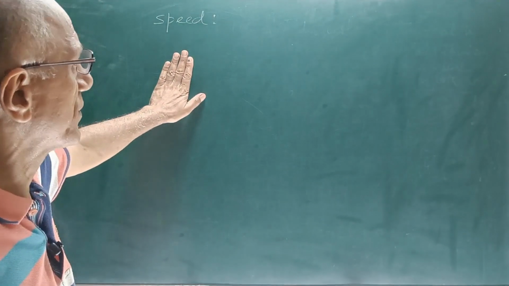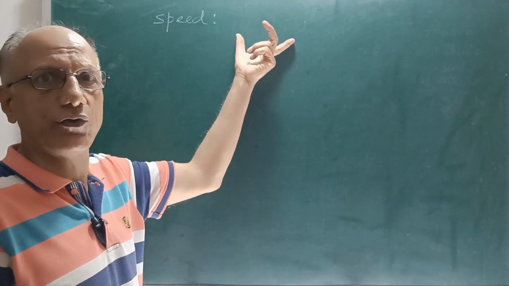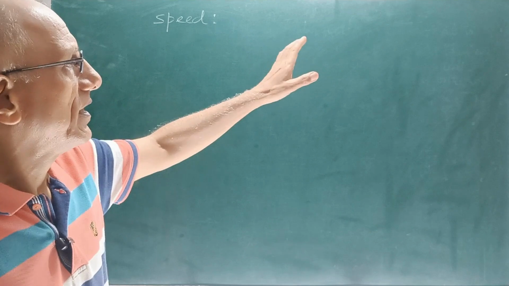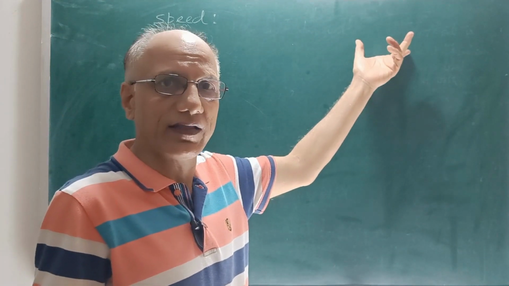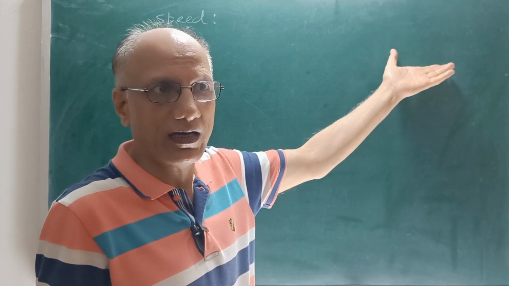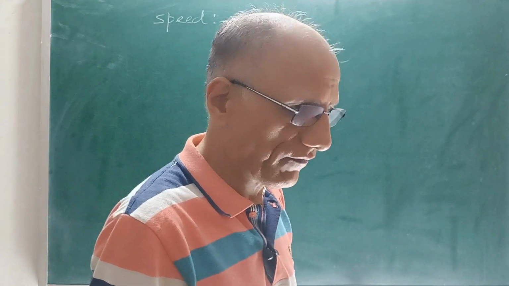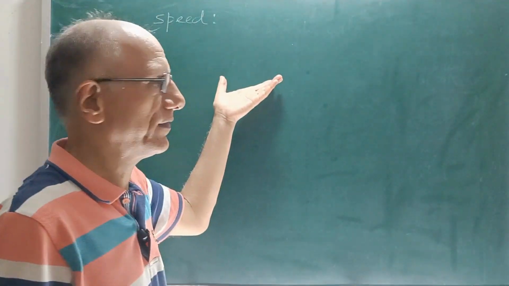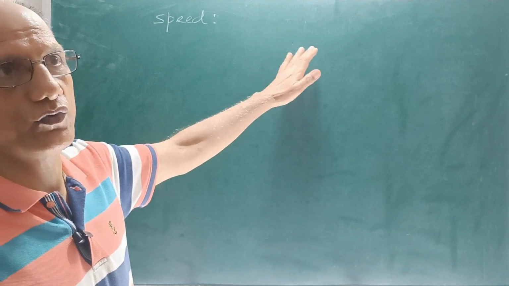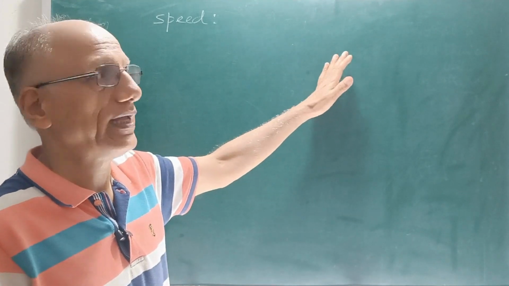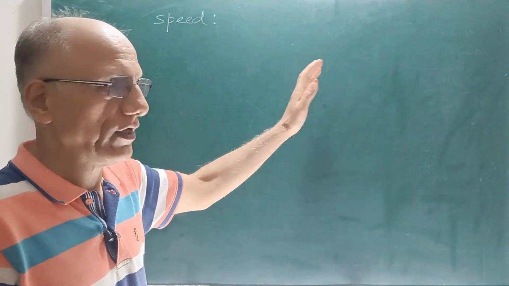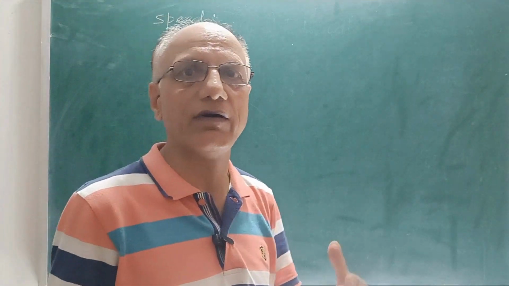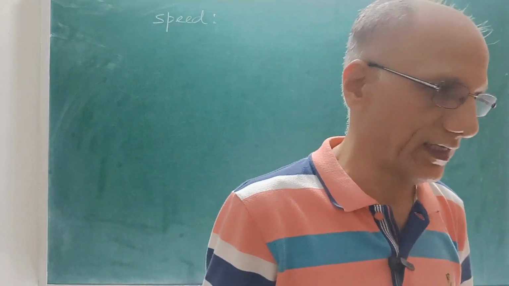So here, if you find the distance traveled by you in 1 second or in 1 hour, and the distance traveled by your father in 1 second or in 1 hour, then you will find the speed of your father as well as yourself. And then you can compare whose speed is more and whose speed is less. So speed may be defined as distance traveled per unit time.